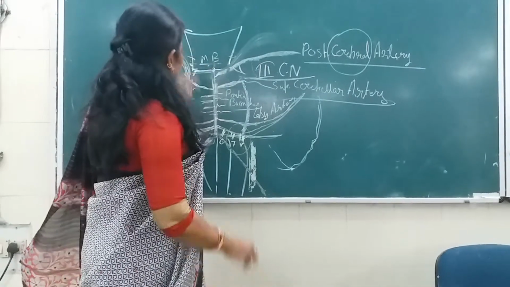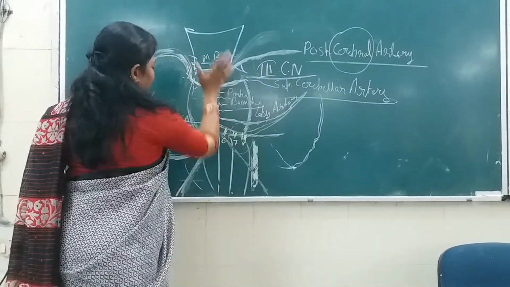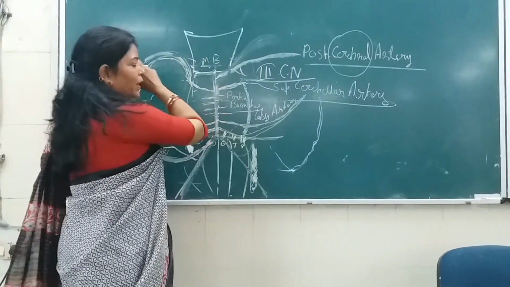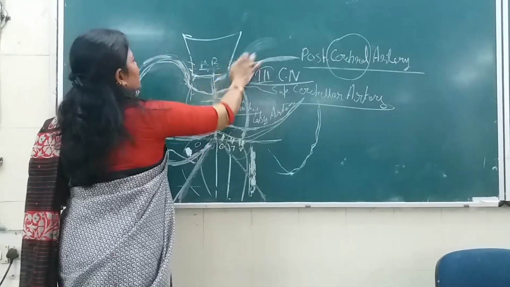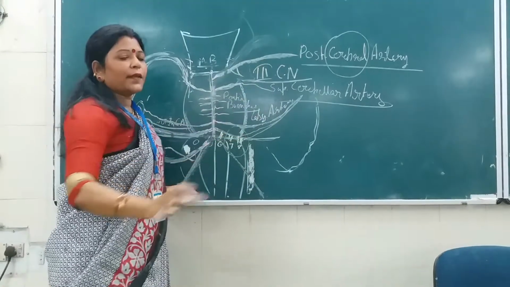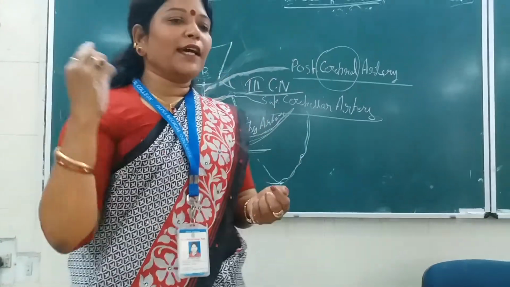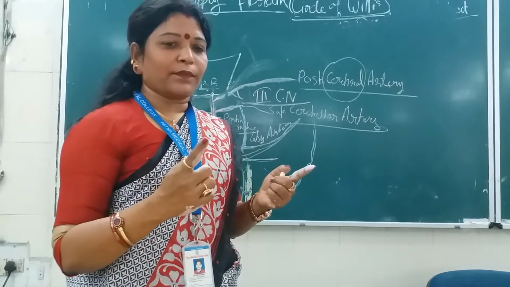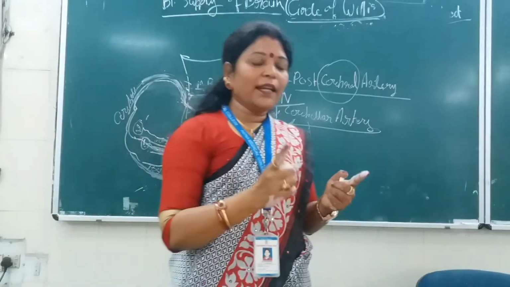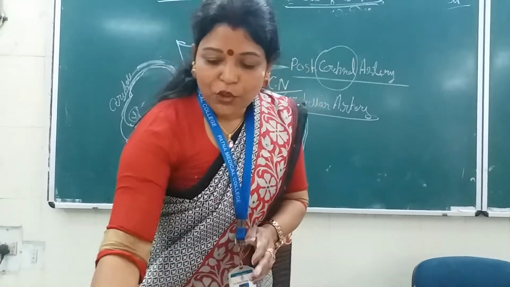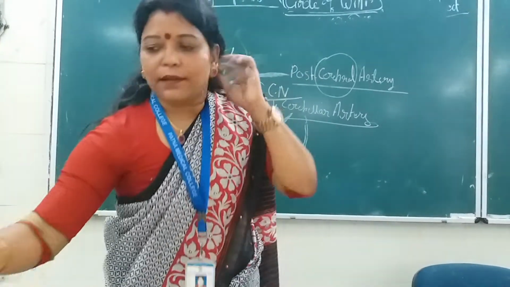Okay, now we will move upward. This was the medulla oblongata, pons, the midbrain. Now which structure is lying here? There is a very important structure known as the interpeduncular fossa. Where is it situated? Look here.